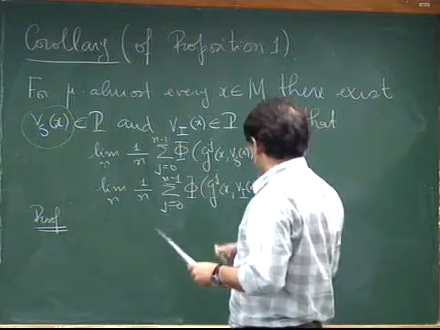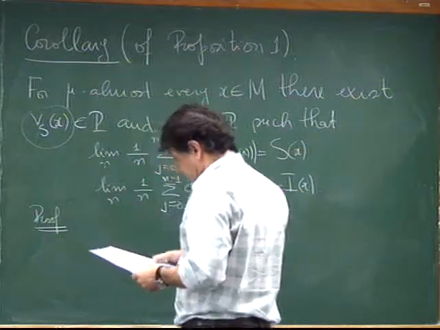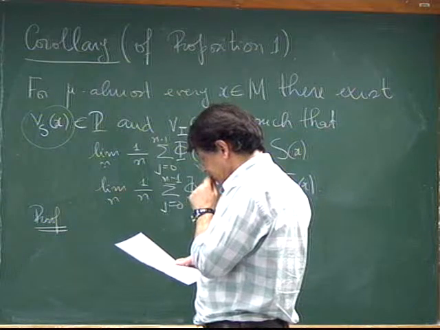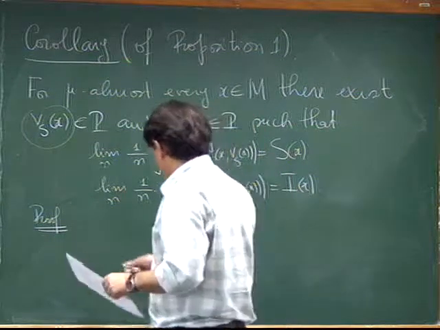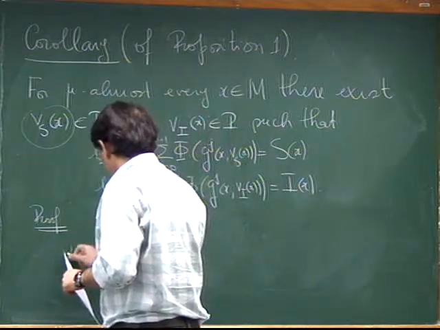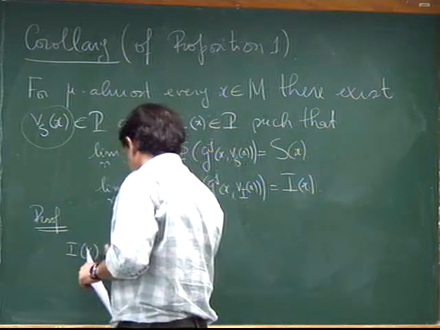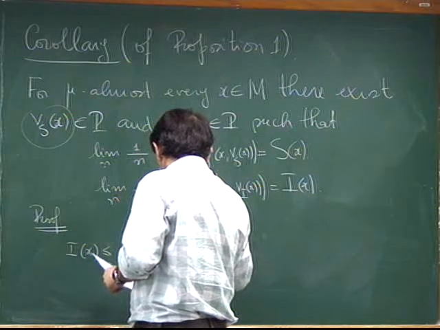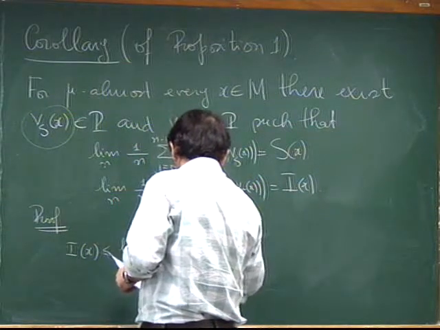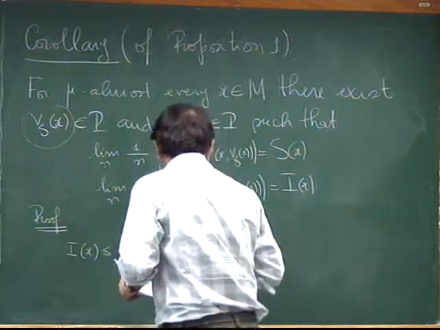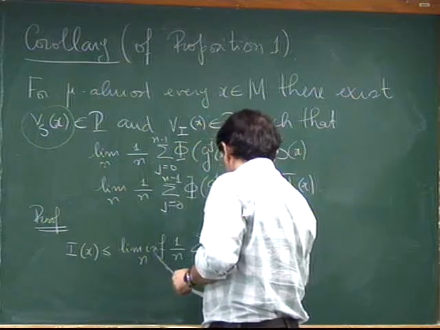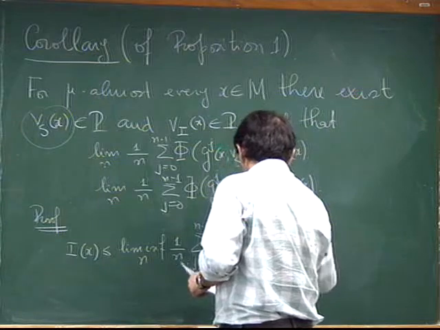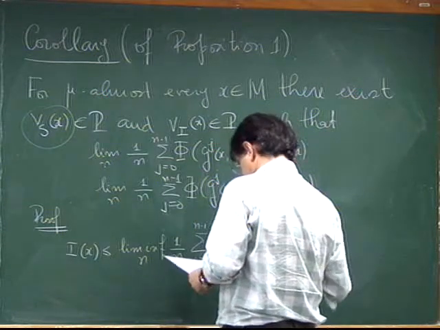So I'm going to prove one of them. I'm going to prove this one, the first one. So let's see if everyone agrees with this. I of x is less or equal than the lim inf of 1 over n sum j from 0 to n minus 1 phi gj of x v.